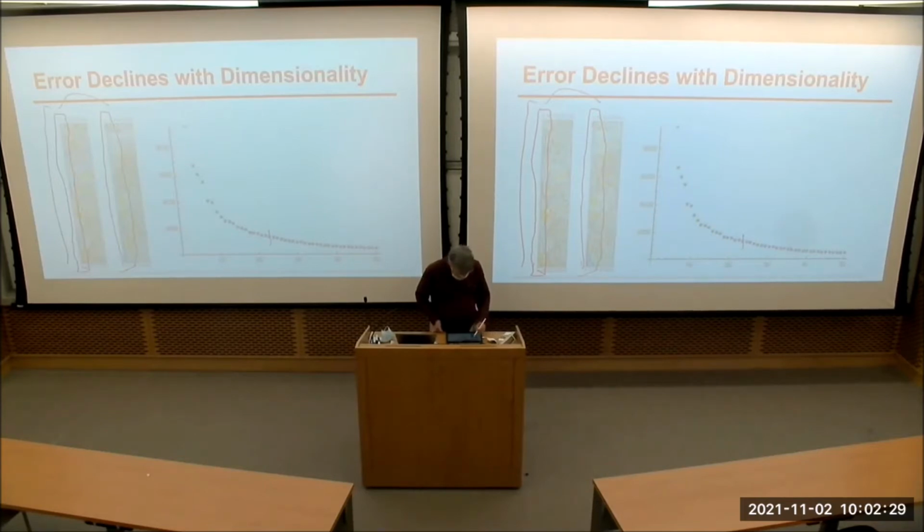And subsequent components are going to add little details. That's the argument that says that you can throw out the smaller vectors with less change to the reconstructed image.